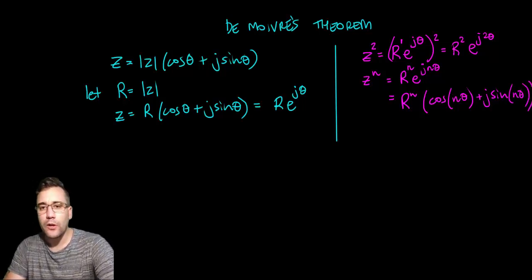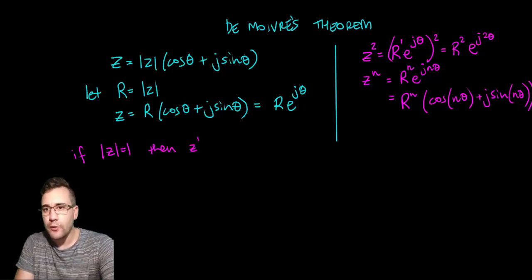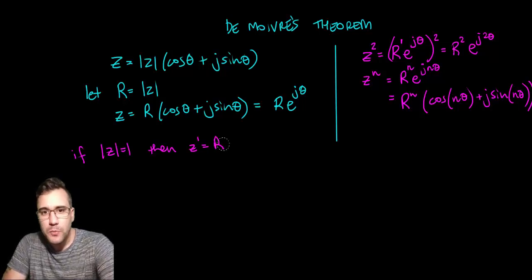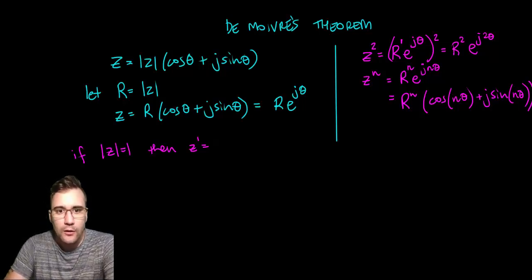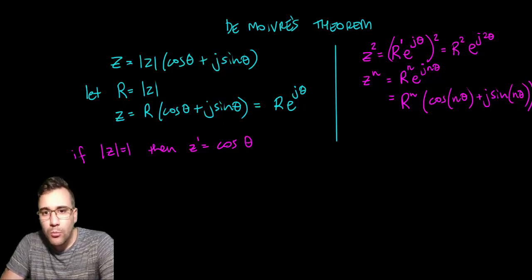Let's take this idea a little bit further. What if the magnitude of z is equal to 1? Then z to the 1, if we go by our rule that we've created over here, will be equal to r, which should just be 1, because the magnitude of z is equal to 1, times cosine of theta plus j sine theta.